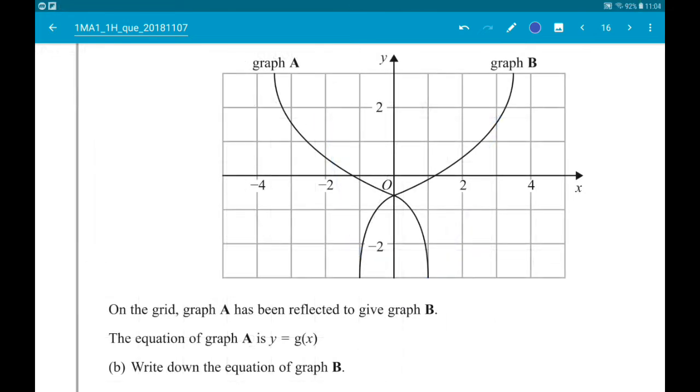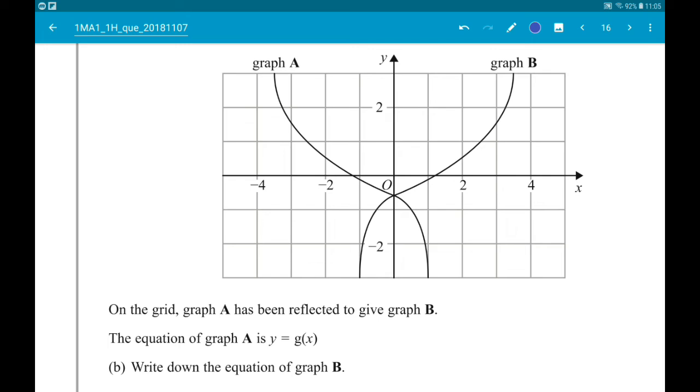Okay, then for part B, graph A has been reflected to give graph B. The equation of graph A is y equals g of x. Write down the equation of graph B. So, we can see these two graphs are symmetrical through the y-axis.